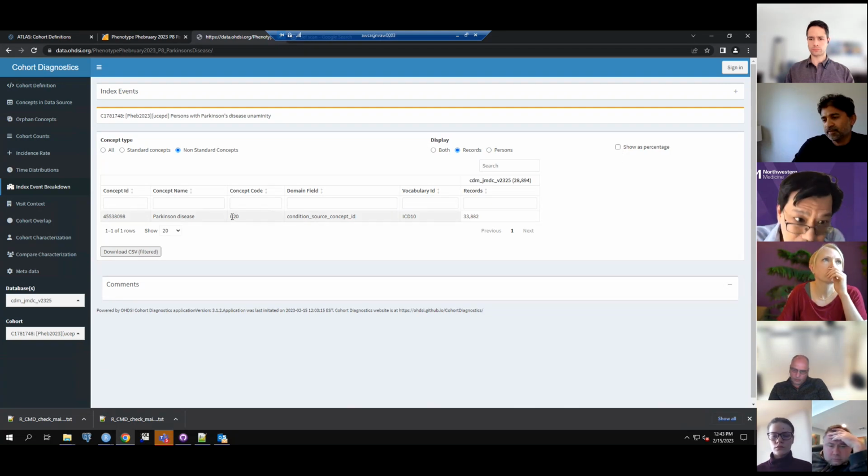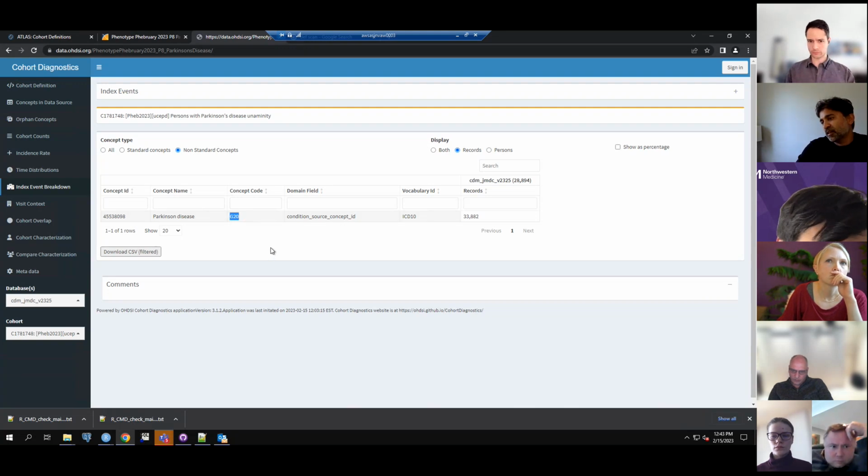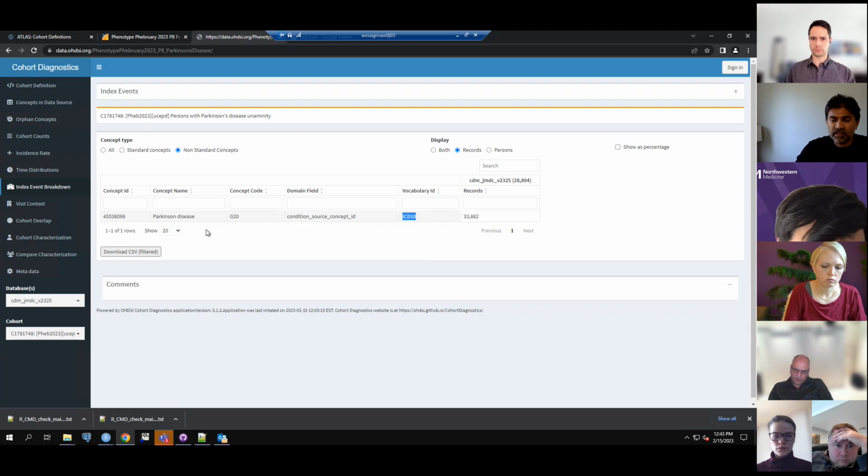Yeah. This is probably the explanation that either the vocabulary itself is not granular, or the more granular vocabulary codes are not used in this data source. And one way of checking it is to see the prevalence of the codes in that data source.